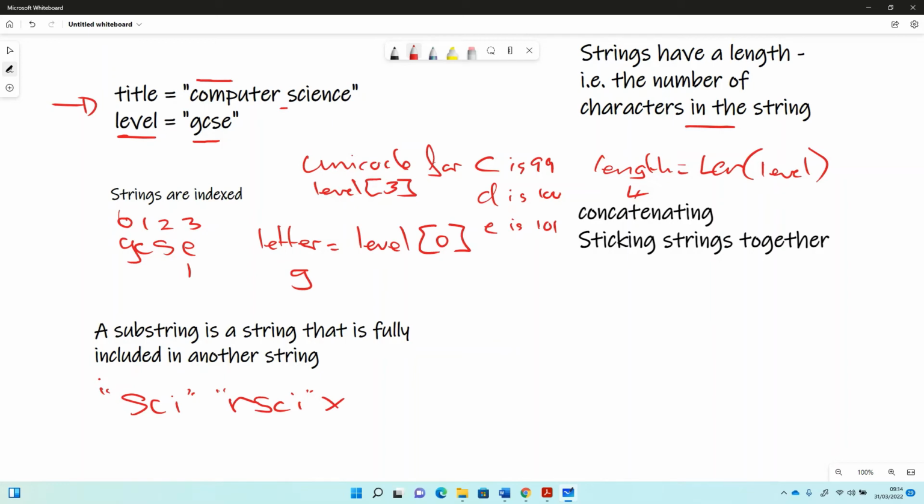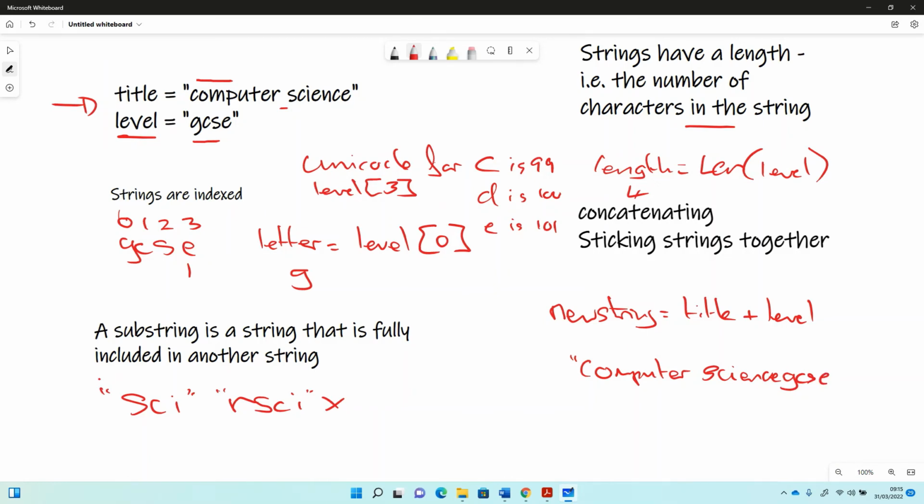So concatenating is the other thing, or sticking strings together. If we stuck together title and level, if we just said new string equals title plus level in Python, which we could do, then the resulting string would be "computer scienceGCSE", no spaces, because we didn't put any spaces in between them.